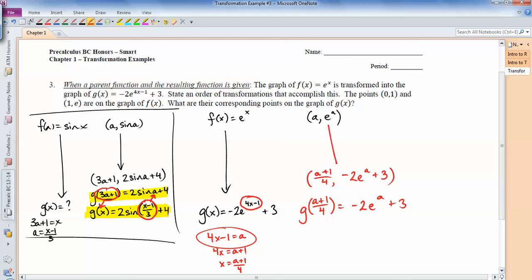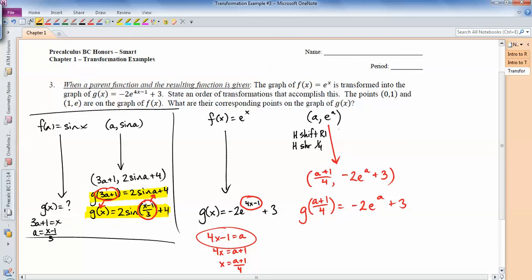So this point turns into that point, and we can tell pretty easily what happens there. In order to turn a into a plus 1 over 4, first I have to add the 1 and then divide by 4. So that's a horizontal shift to the right by 1, followed by a horizontal shrink by 1/4. And then on the other side, in order to turn e to the a into negative 2 e to the a plus 3, first I'm going to have to double it, or you could do the reflection first and then double it.